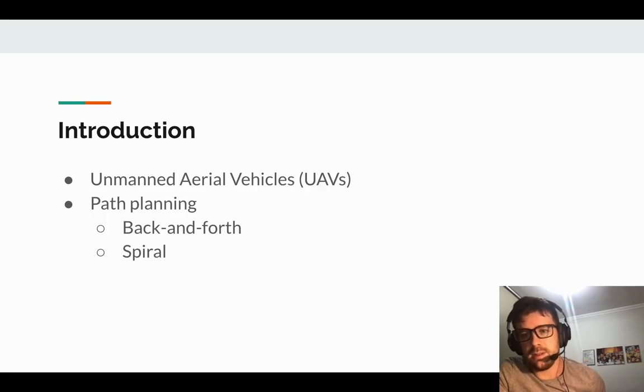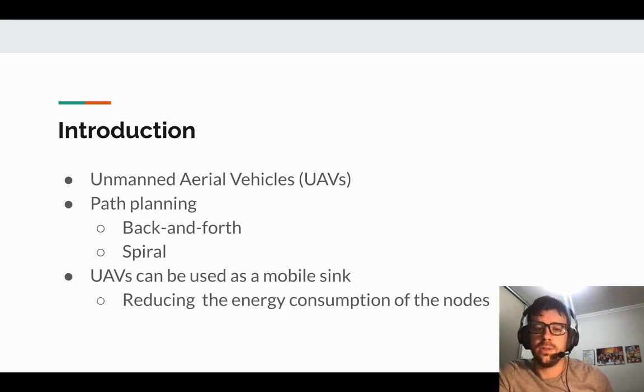These UAVs often perform coverage missions using geometric patterns like back and forth and spiral, for example. And these UAVs can also be used as data collectors in the wireless sensor network, and this can reduce the energy consumption of the nodes, avoiding message retransmission between them, and consequently prolonging the network lifetime.